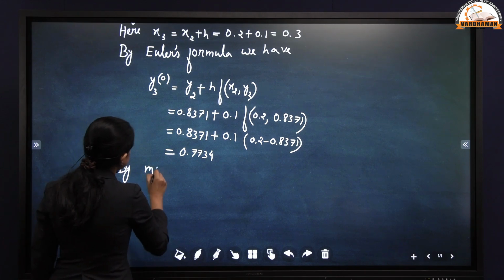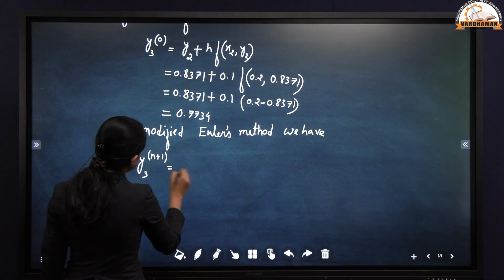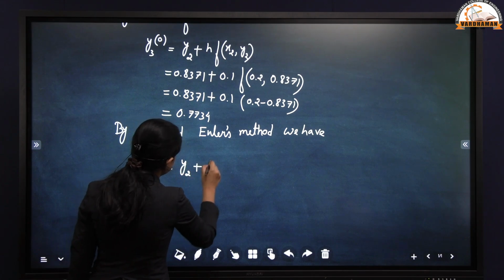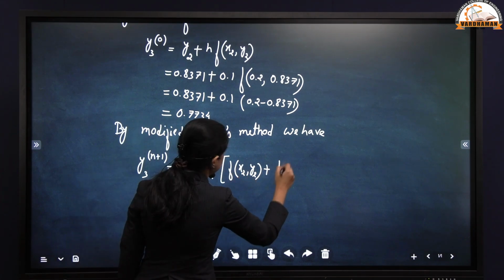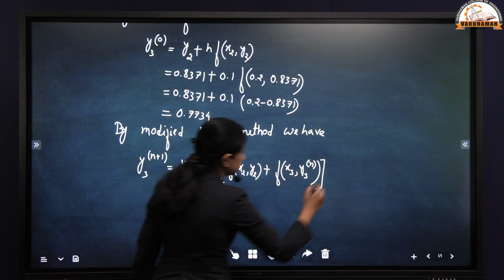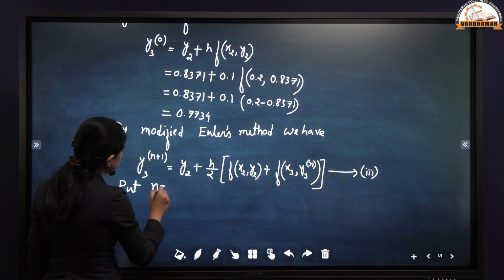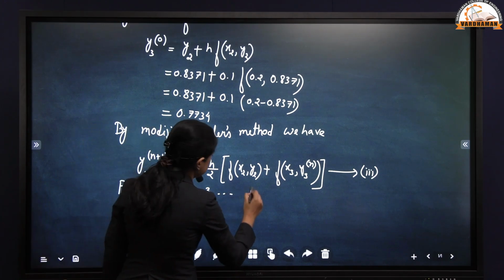By modified Euler's method, we have y3^(n+1) is equal to y2 plus h by 2 f of x2 comma y2 plus f of x3 comma y3^n. Let us give this as equation number 3. Now put n equal to 0, 1, 2, 3 and so on in 3.